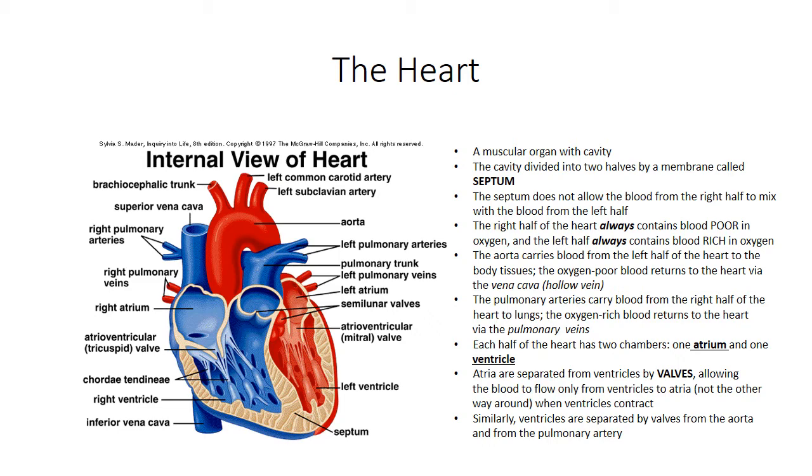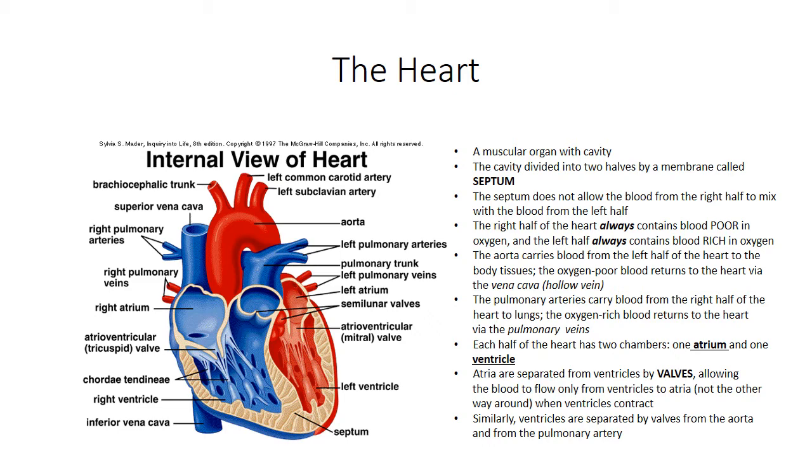And the lung in Latin is pulmonus, so the trunk is called pulmonary, and it branches into what we call pulmonary arteries. There are right pulmonary arteries and left pulmonary arteries. And these arteries bring blood, poor in oxygen, to the lungs where there is gas exchange. Remember these pulmonary capillaries.